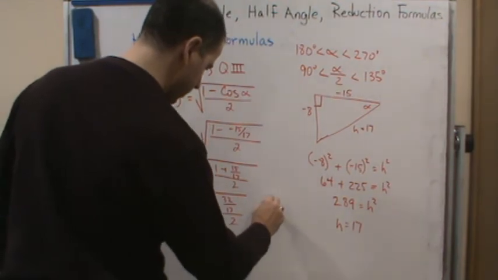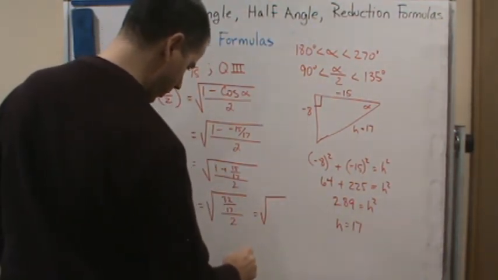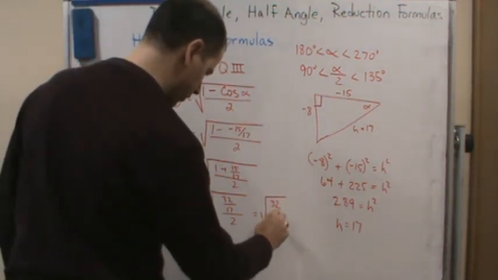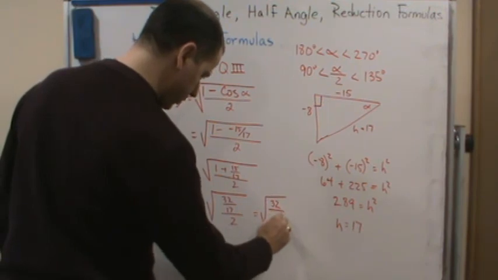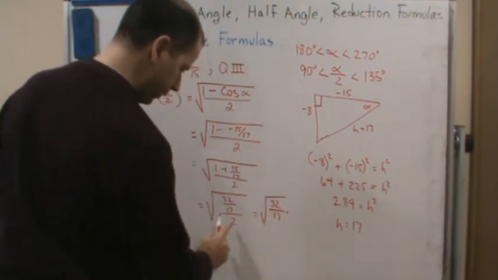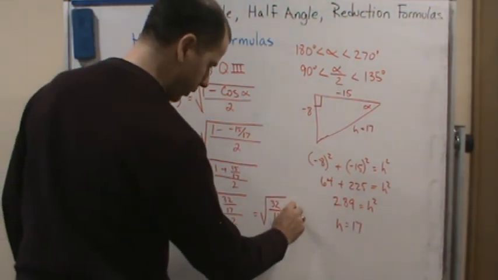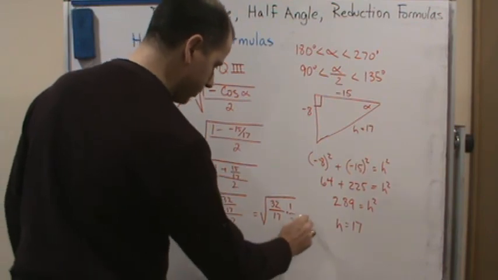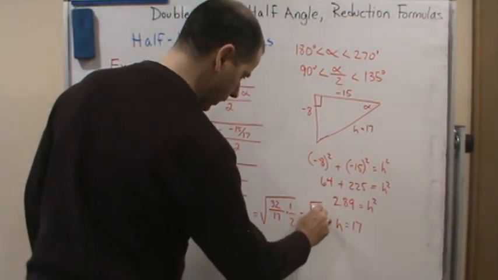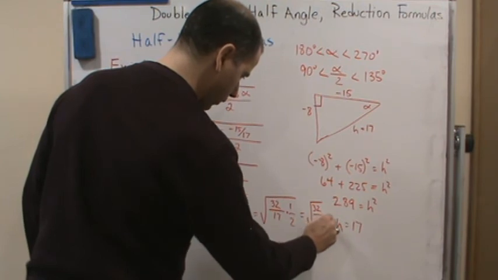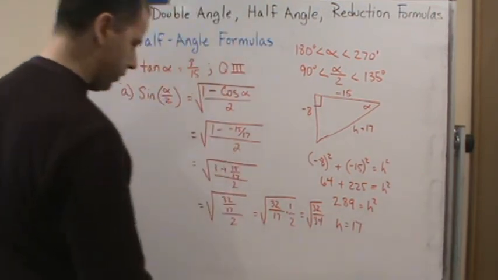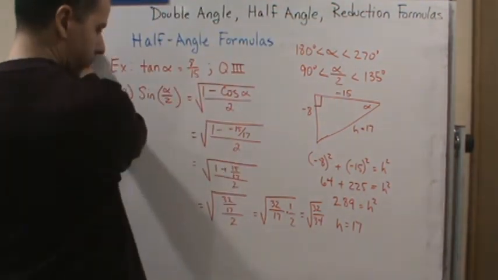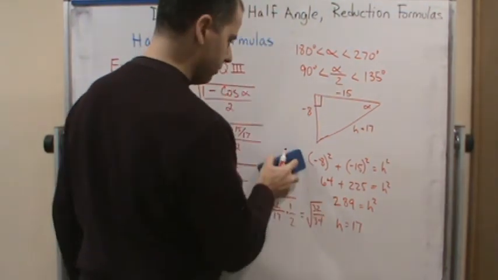Multiplying by the reciprocal of 2, which is 1/2, we double the 17, giving the square root of 32 over 34, which reduces to 16/17.